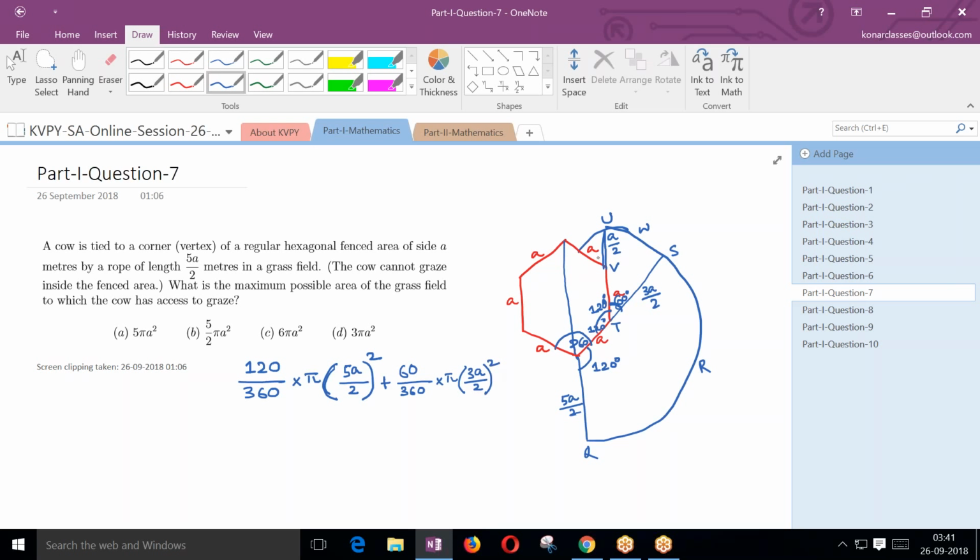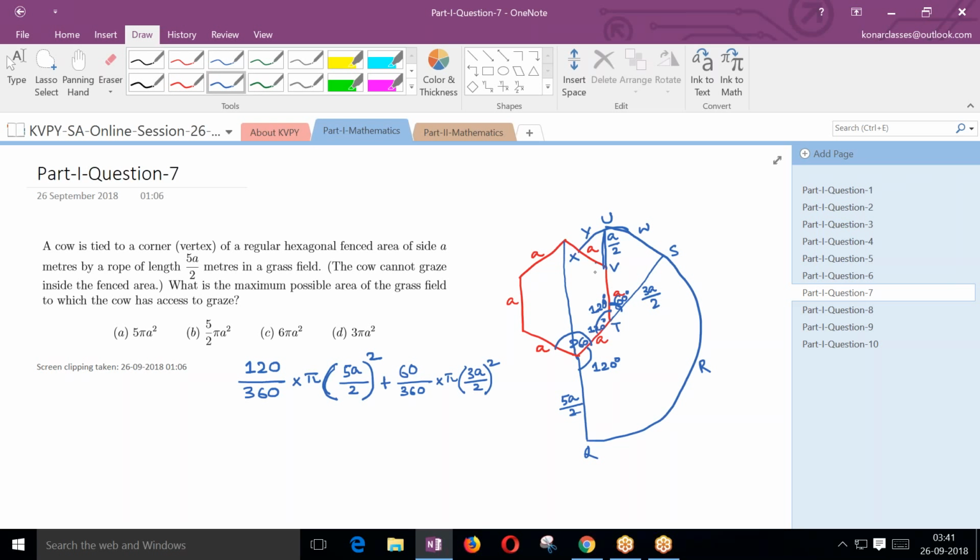plus now we need to find the area of this region VU. Suppose ABWX, suppose we give this X, and VUX, suppose we give this Y. So VUYX, this sector we need to find the area. Now what will be this angle?